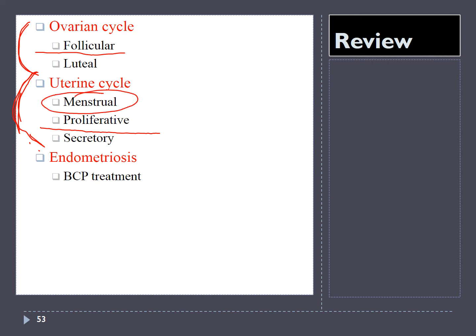And then this extra phase, the menstrual phase, which I'm not really sure where to put. Do we put it at the end of the secretory phase or here before the proliferative phase? Well, it's happening at both times. And then we also discussed endometriosis and what happens when endometrial cells wind up in some place other than the uterus.